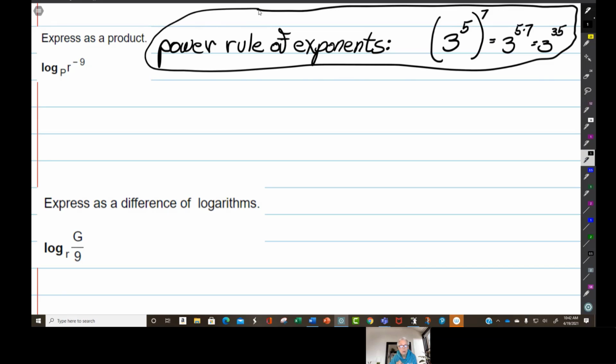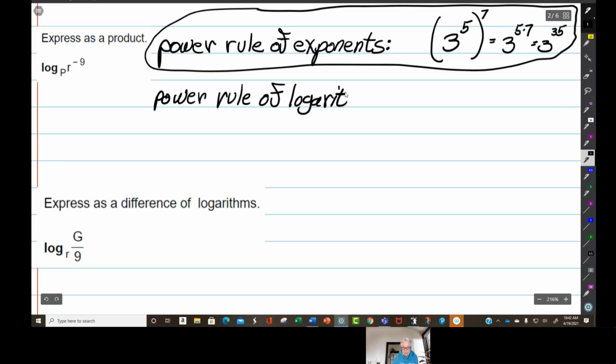Now, what about the power rule of logarithms? Okay.